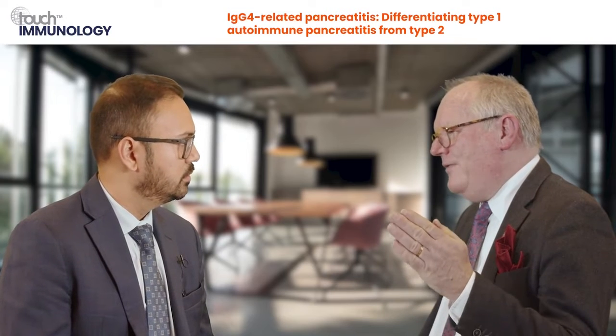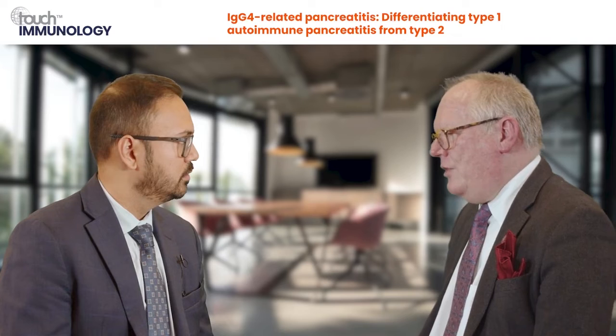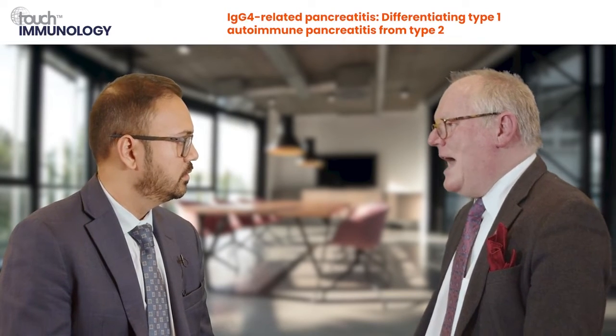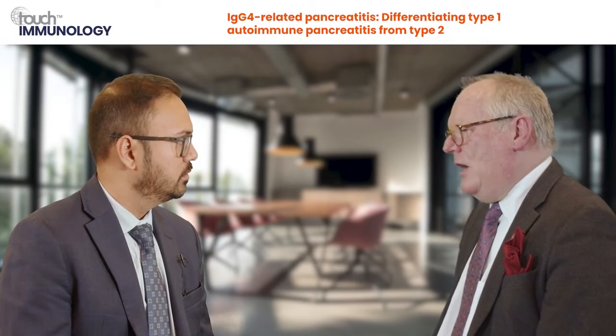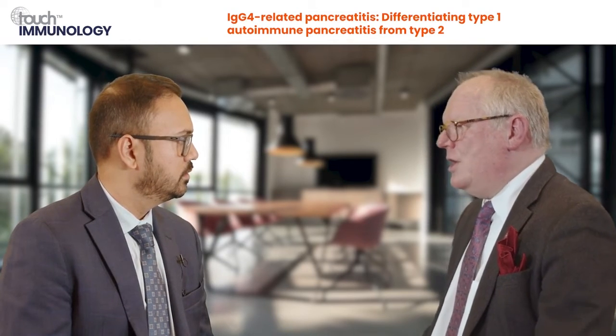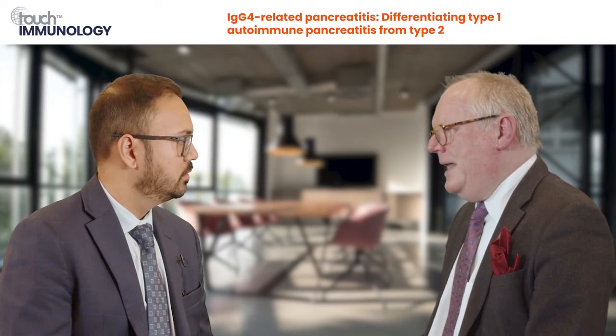It is obviously fundamentally different if you turn to the metachronous occurrence of pancreatic cancer 2, 3, 4, and 5 years after the diagnosis of autoimmune pancreatitis. This clearly is not something which occurred together with the autoimmune pancreatitis, but developed later on.